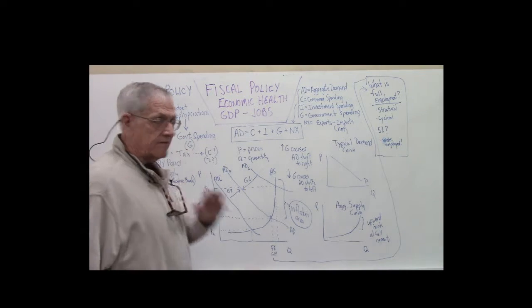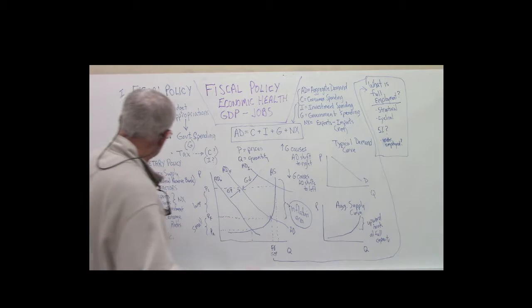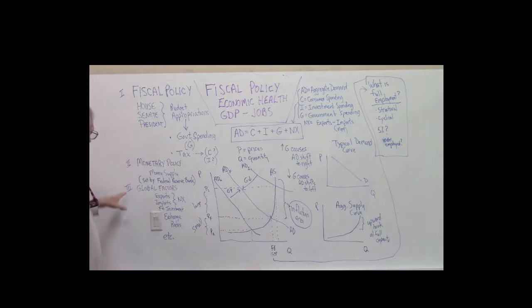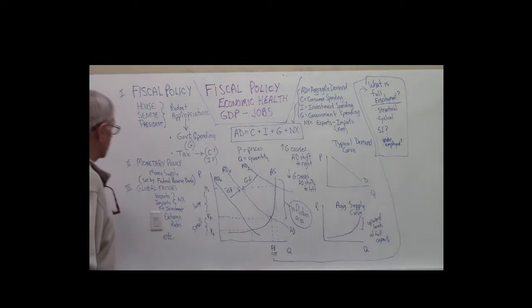Okay, we're going to talk today about fiscal policy. The basic health of the economy is determined by three basic categories: fiscal policy, monetary policy, and global factors. We're going to talk about number one today, fiscal policy, which is the taxing and spending policy of the federal government.